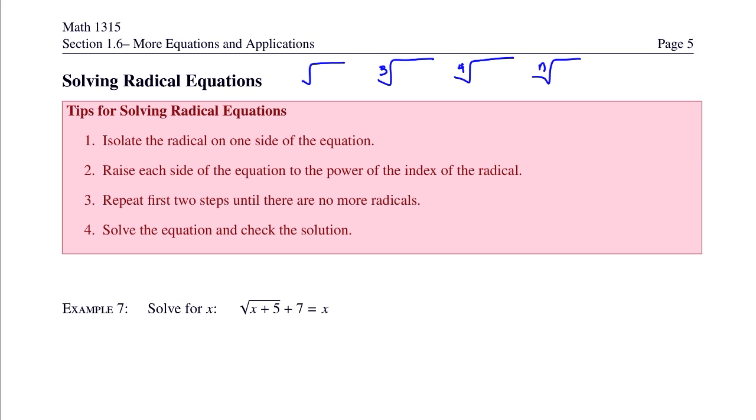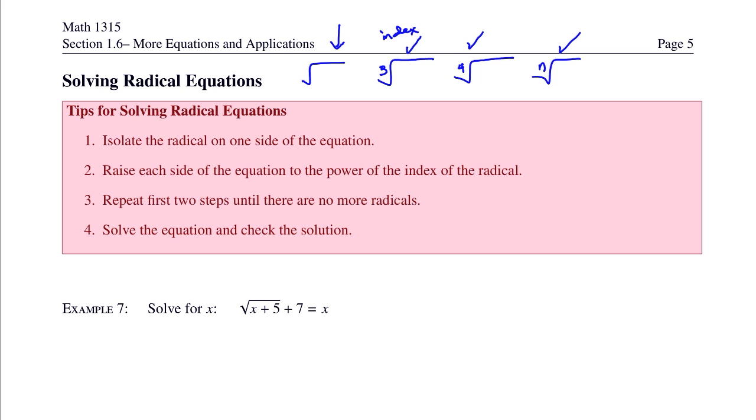Square root is reserved only for this first symbol. The number that goes inside of these radicals is called the index, and it tells you what root you are taking, whether it's a cube root, fourth root, or nth root. That is called the index of the radical.